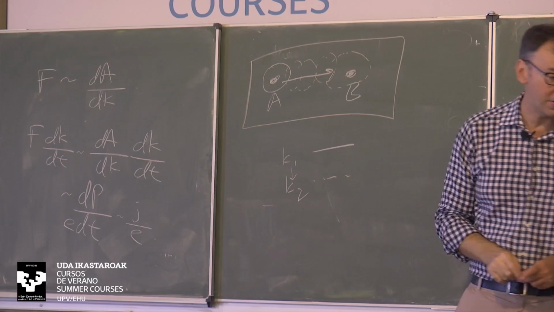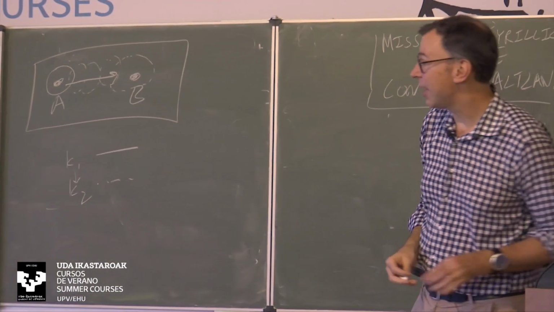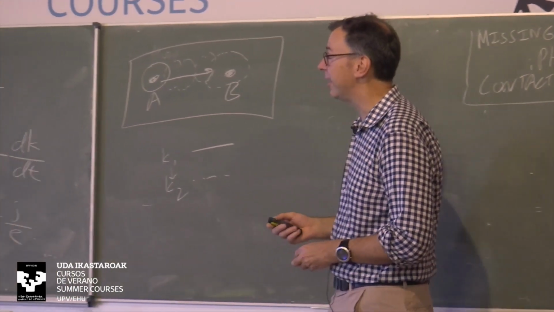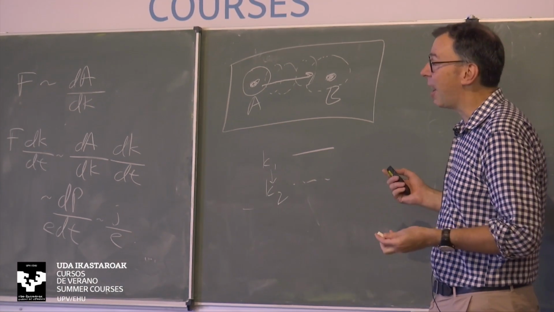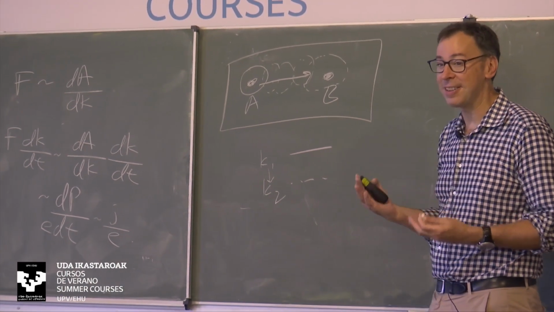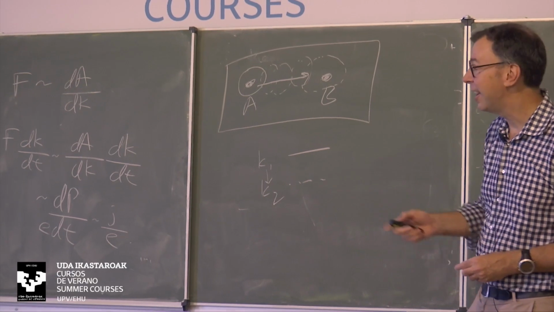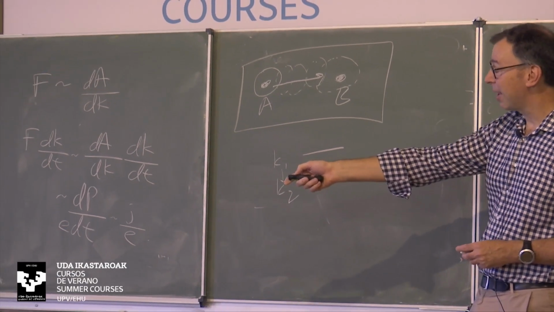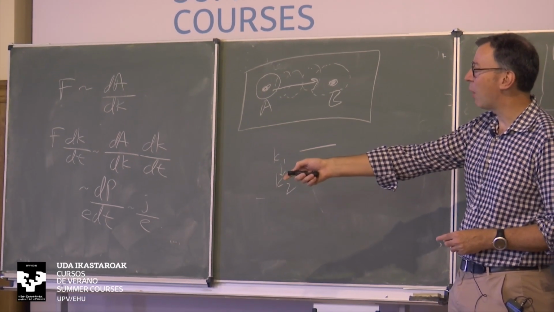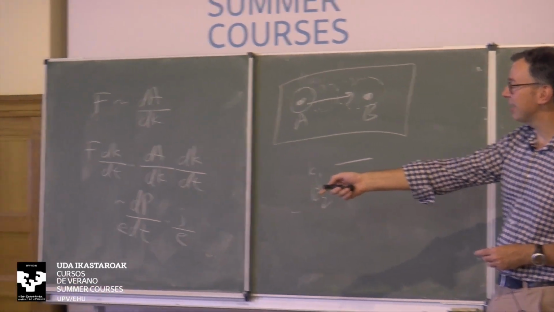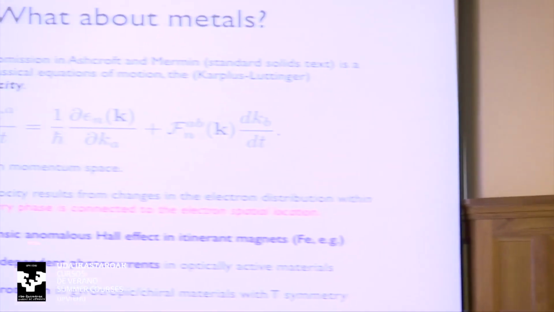It's the fact that the wave function is changing with momentum. So that's this Karplus-Luttinger anomalous velocity. It's maybe the simplest consequence of the fact that the Berry phase has something to do with where the electron sits. And the reason why people studied it a lot was the old example of where geometry is important in metals, but it doesn't give you anything quantized.